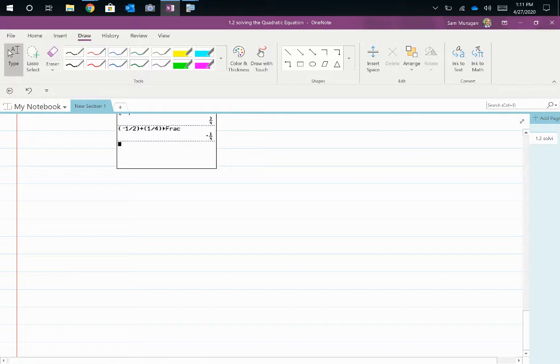Okay, so I'm going to do one more example using completing the square. Here we go. This is solving 3x squared plus x minus half is equal to 0. So 3x squared plus x is equal to positive half.